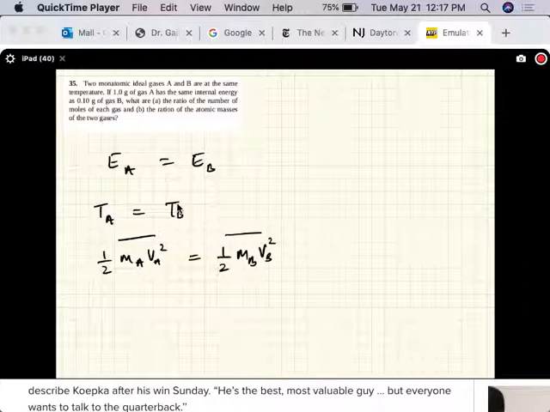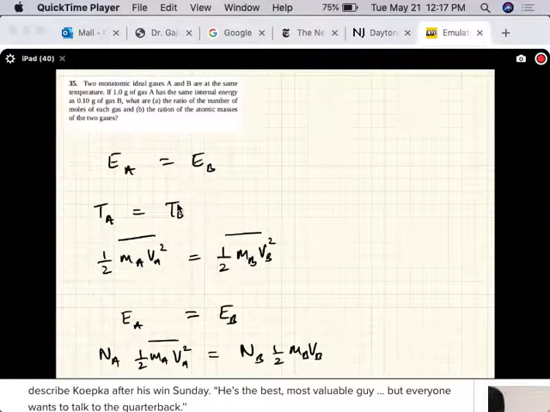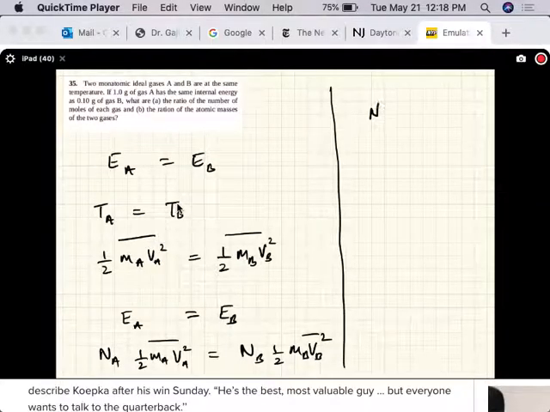So EA, the total energy, is the number of molecules times the average kinetic energy per molecule. But since this was equal to that, that implies that you have the same number of molecules.